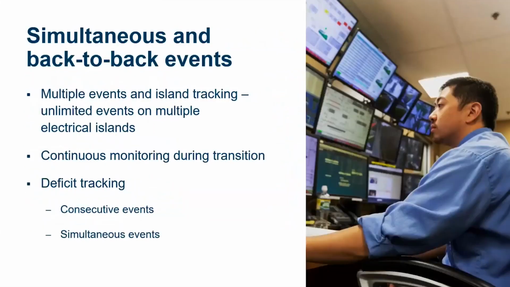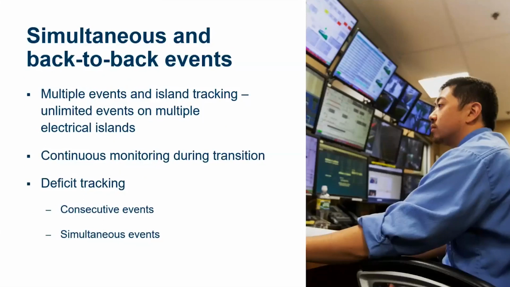As we all may know already, misery loves company, so usually when there is a power system event, additional events may follow. RAS systems currently typically only look at single event. However, we can look into simultaneous and back-to-back events. These type of RAS schemes can offer multiple back-to-back events and on multiple locations controlled by a centralized controller or a coordinated controller.